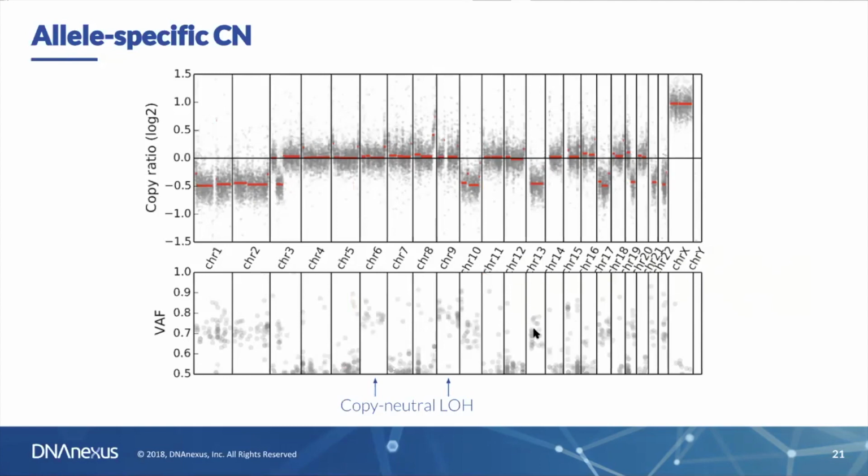When one of the alleles is lost in the tumor sample, you'll see a mix of basically heterozygous normal cells and homozygous tumor cells, and so there's allelic imbalance. But we also see allelic imbalance on chromosome 6 and 9. What's going on there? So in those tumor cells, we see neutral copy number, 2 copies of the chromosome, probably.